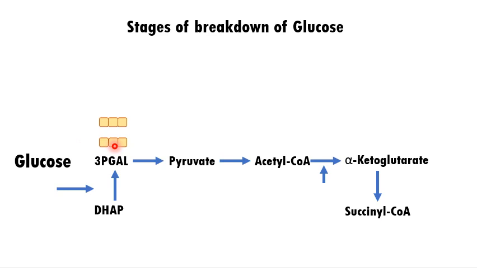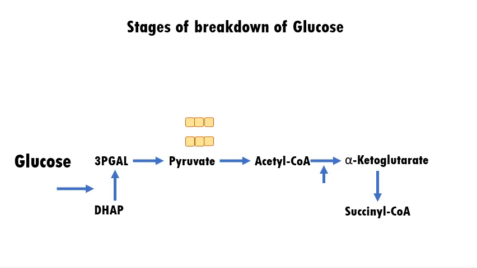Since 2 moles of 3-phosphoglyceraldehyde will be produced here, the further reactions will be carried out with these 2 moles of the molecules. This continues the glycolysis stages, and it ends with the formation of pyruvate, which is again a 3 carbon compound.